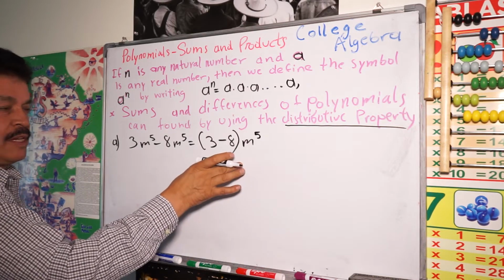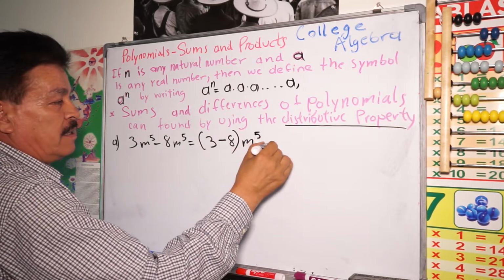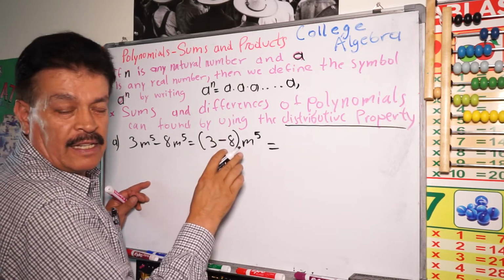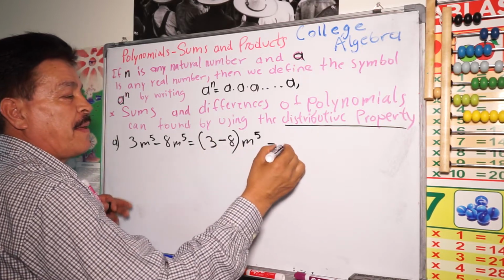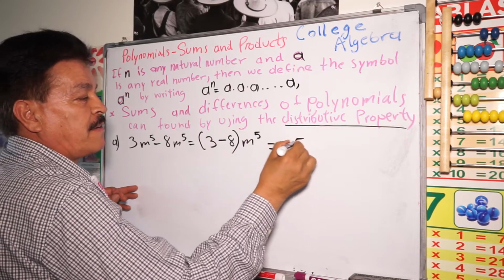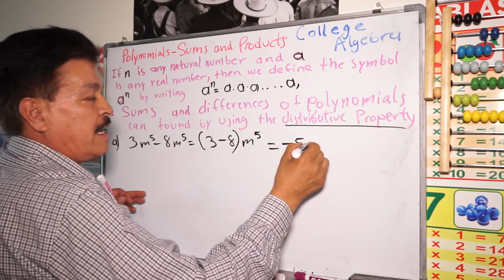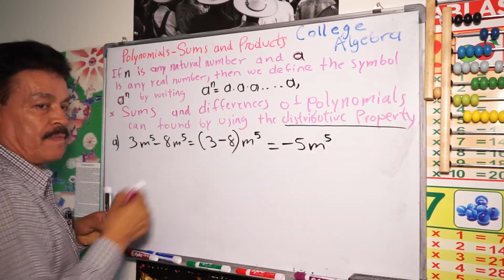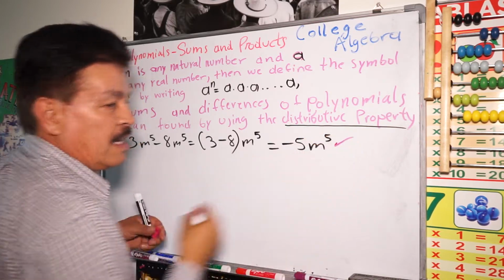What is the answer here? This is going to be equals 3 minus 8. 3 minus 8 is negative 5. Negative 5m to the 5th power. This is the answer.